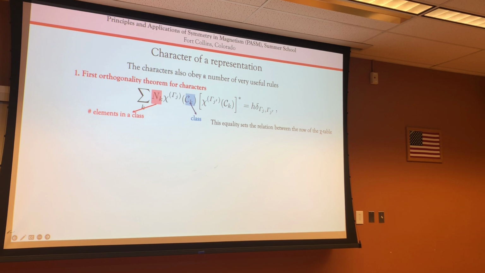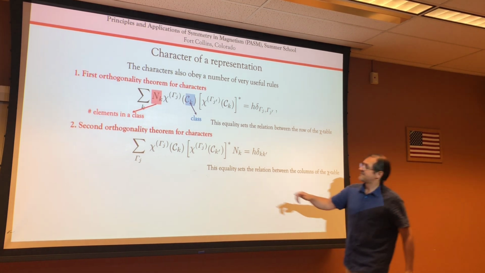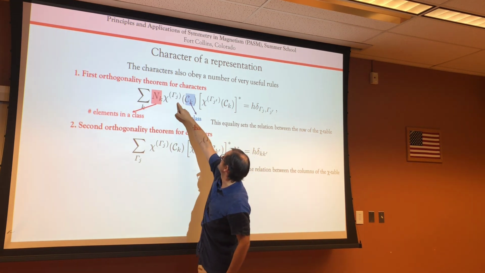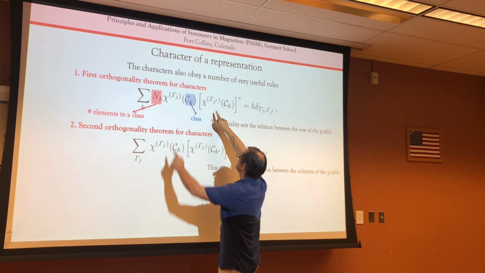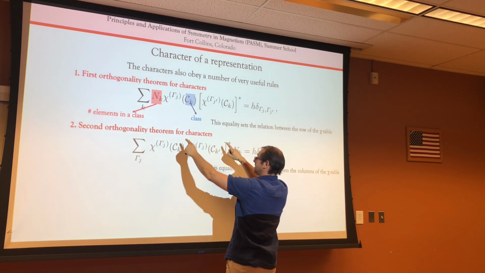Let me not go through the equality because that's going to be super confusing. So we have this first set of equality that involves the number of elements in a given class. Okay. We have a second set of equality. Those are actually 0 when you take two different representations. This one is 0 when you take two different transformations.